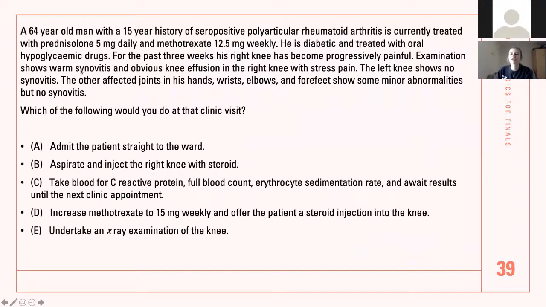On examination, there's a warm synovitis, an obvious knee effusion in the right knee with some stress pain. The left knee shows no symptoms or signs. Other affected joints are in his hands, wrists, elbows and forefeet, and they show some minor abnormalities but no sign of synovitis. So what would you do next at the clinic visit?